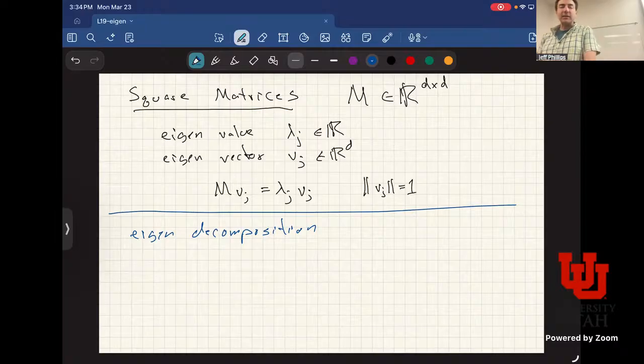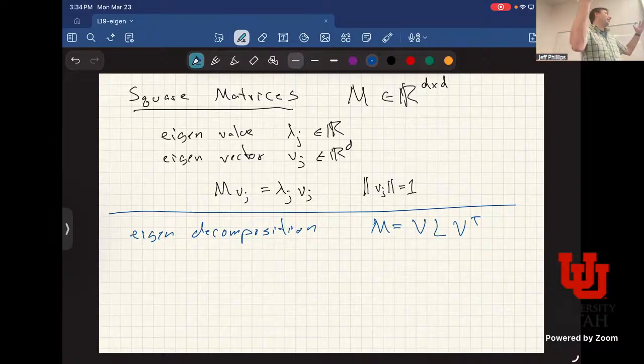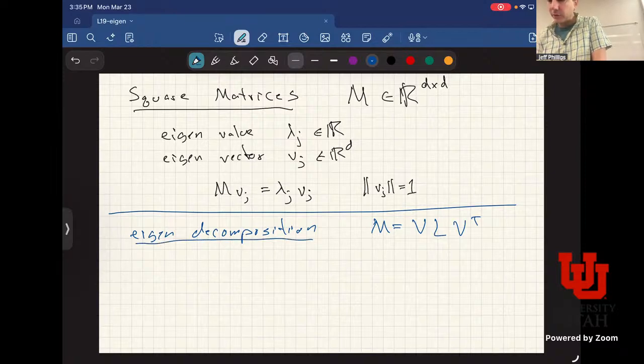This is where I'm able to write M equal to V times L times V transpose. So again, I'm decomposing M into three matrices. The matrices will be as big as M again, so it's not really useful, but let me just remind you what these components are.